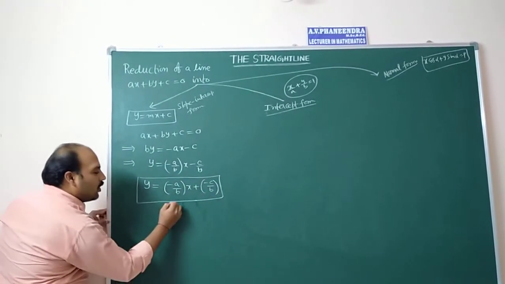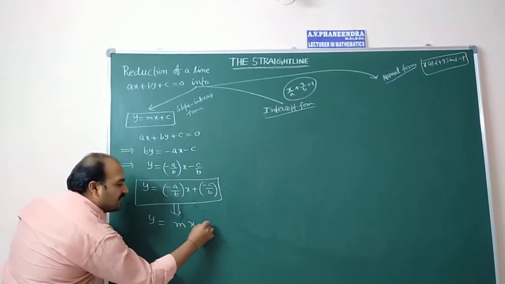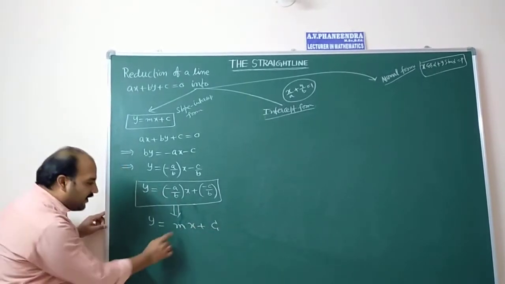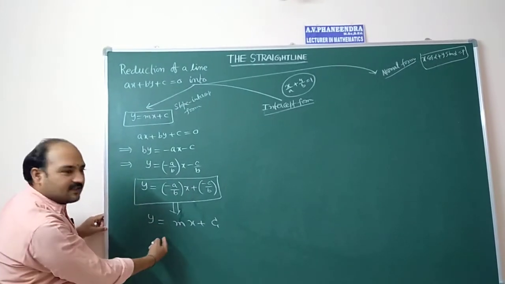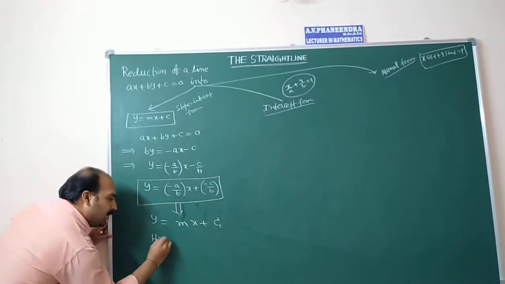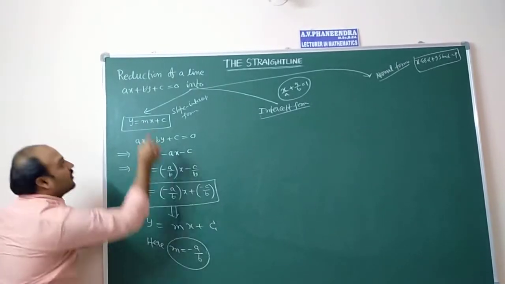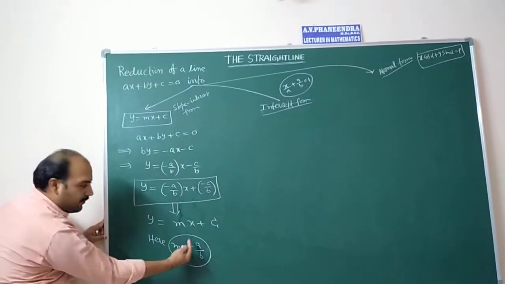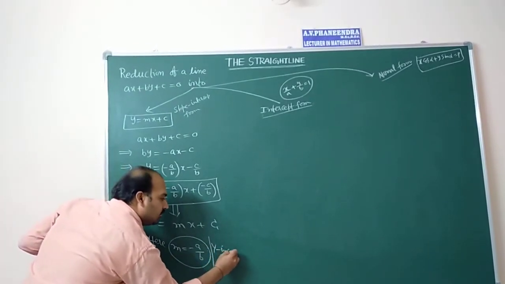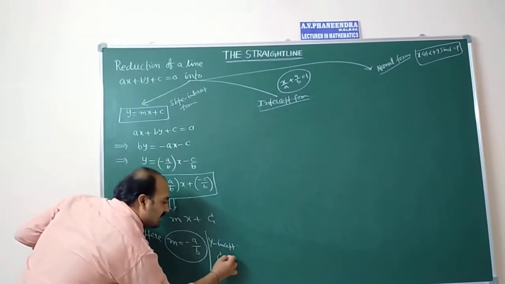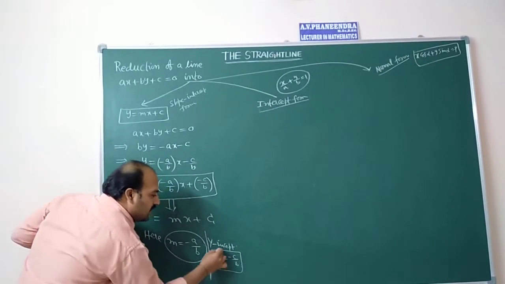Compare this equation with y is equal to mx plus c, where m represents the slope of the line. Here m is equal to minus a by b, that means the slope of this line is minus x coefficient by y coefficient. And the y intercept capital C is equal to minus c by b.